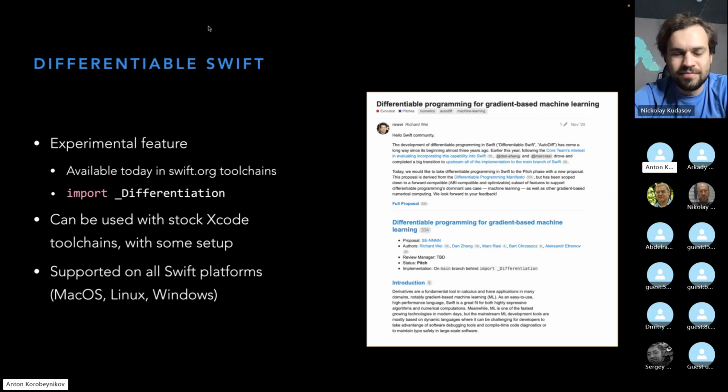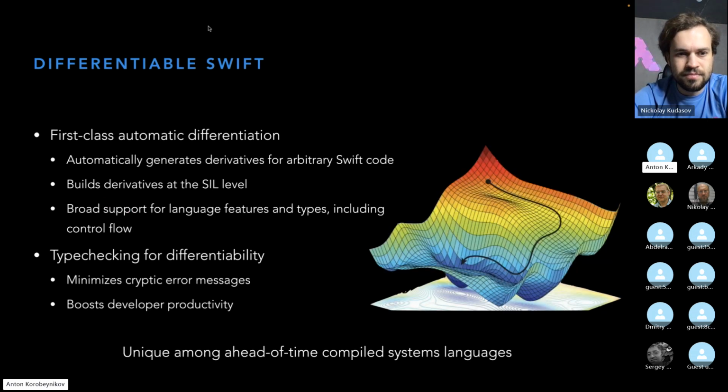And that particular feature, Differentiable Swift, is supported on all Swift platforms: on macOS, on Linux, and on Windows. What it provides is, I would call it, first-class automatic differentiation, meaning that the compiler can automatically generate derivatives for almost arbitrary Swift code.